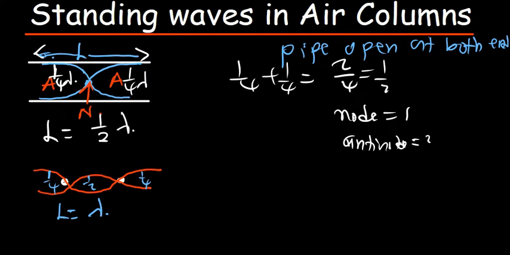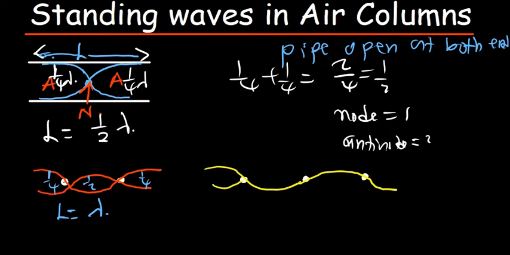So now one thing we need to understand is that if I have got 4 nodes, if I have got 1, 2, 3, okay, let's start with the 3 one. So it is open at both ends.